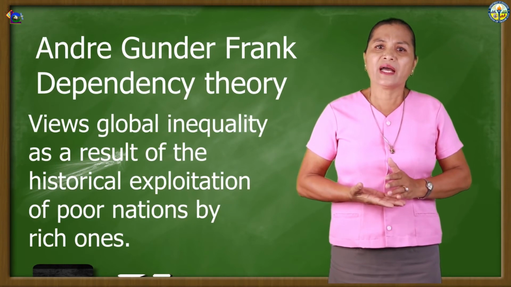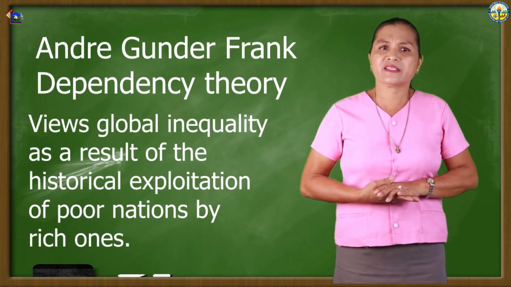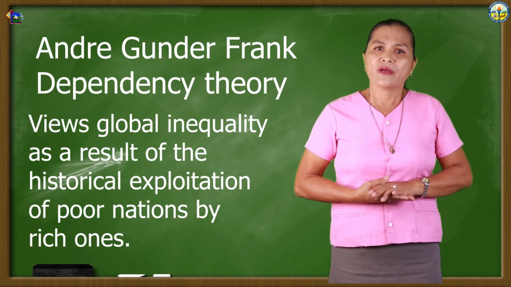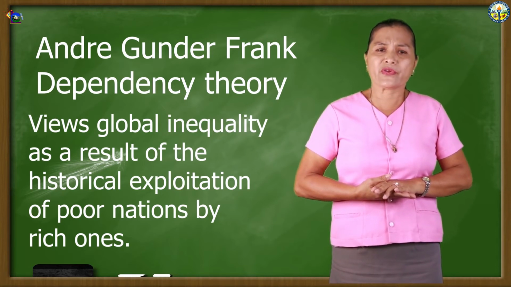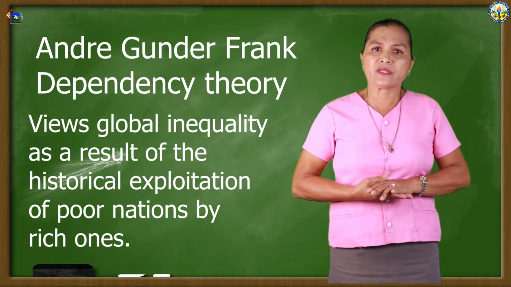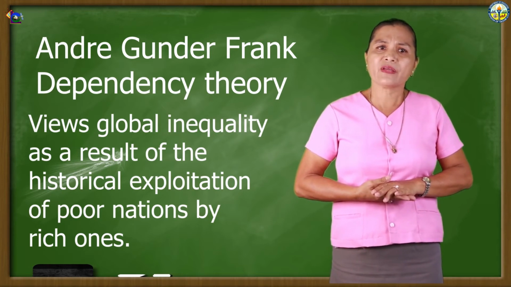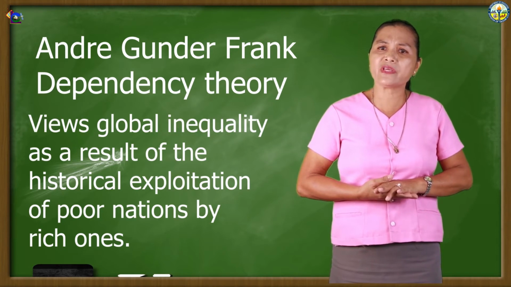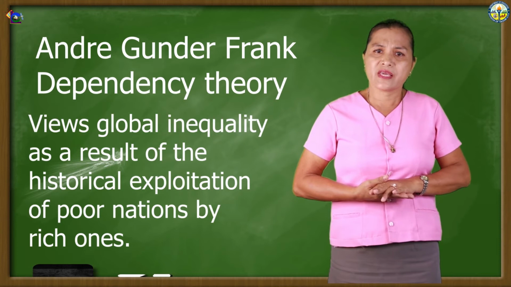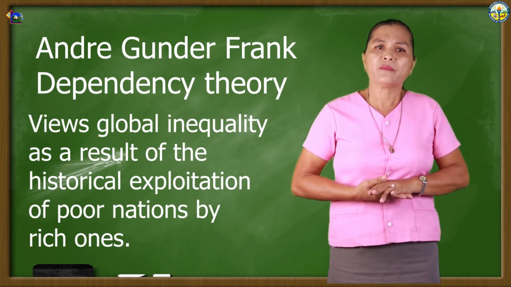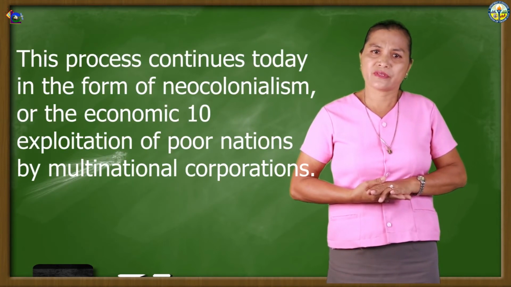Meanwhile, Andre Gunder Frank, in his dependency theory, views global inequality as a result of the historical exploitation of poor nations by rich ones. It maintains that colonialism created global inequality beginning 500 years ago, giving rise to rich nations and underdeveloped poor nations.